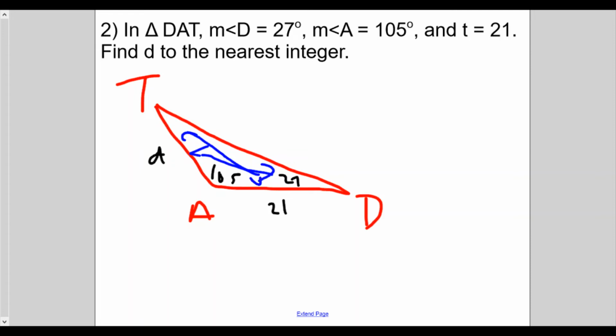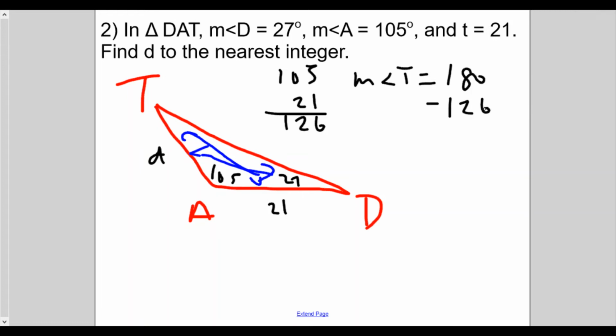We know that angle A is 105 and angle D is 27, the sum of which is 126. Therefore, the measure of angle T must equal 180 minus 126, which gives us a value of 54 degrees. So we'll put 54 here.